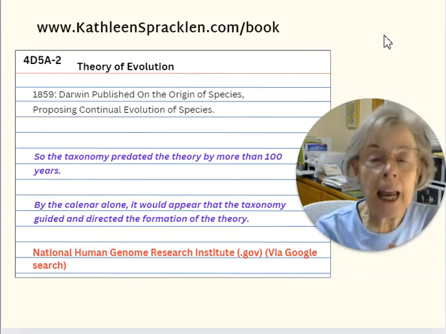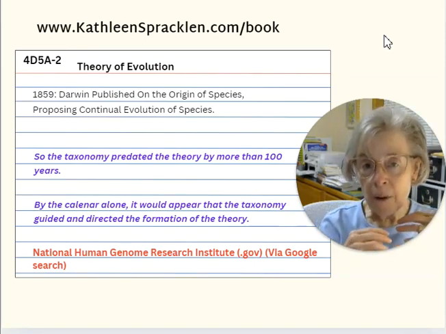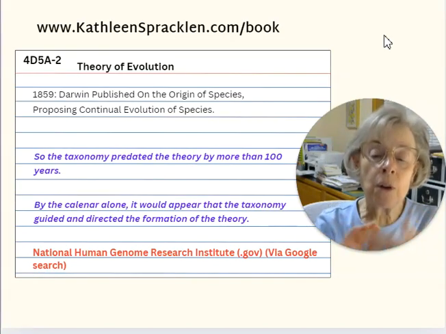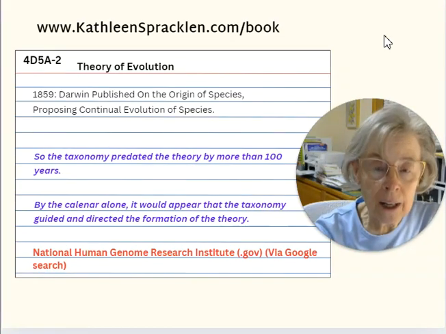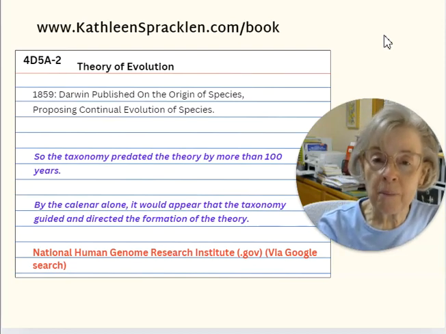So what I see happening is the reverse. I see the taxonomy coming first, turning out to be useful, and it guides the theory. The data appears to support my position.